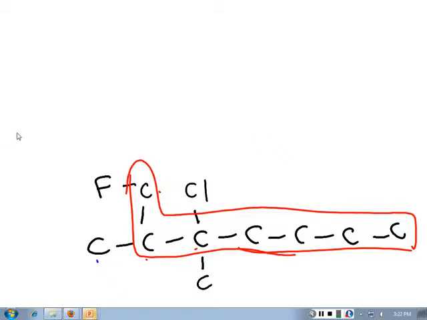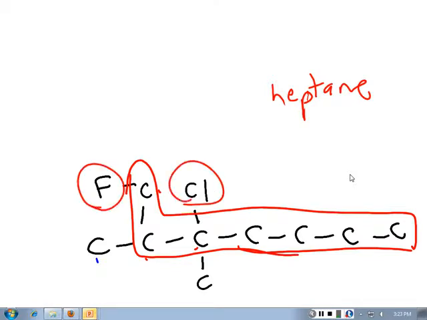So our longest chain is 7 carbons. So heptane, and then what we have is we have 2 different halogen groups. So we have a fluoro and a chloro, and we have 2 methyls. So we should start numbering from the left-hand side.